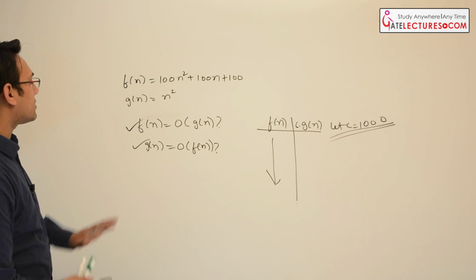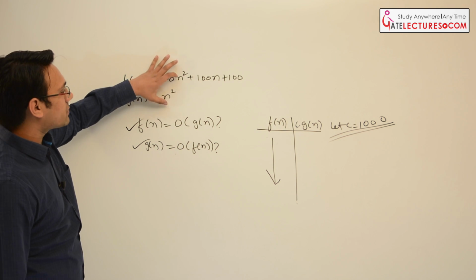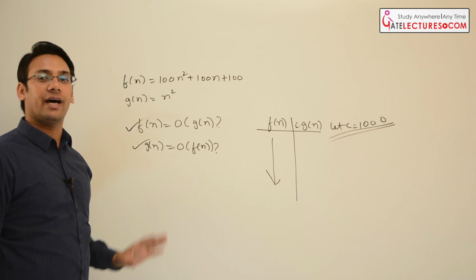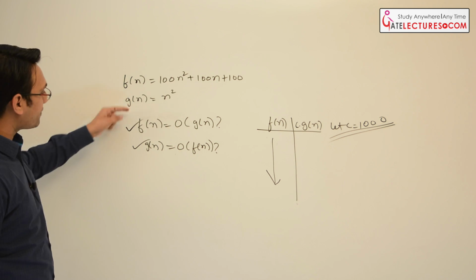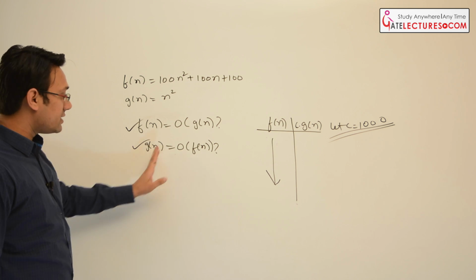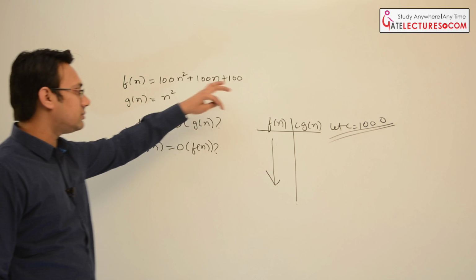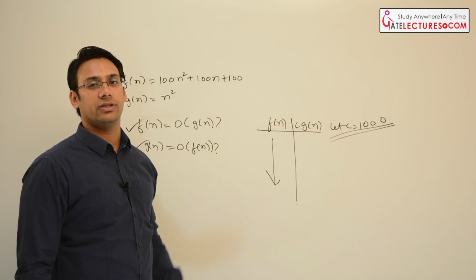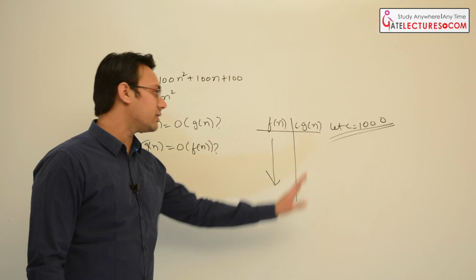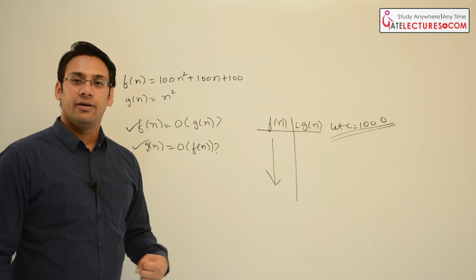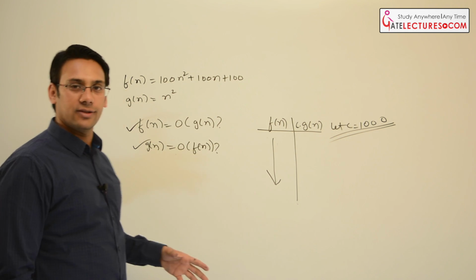Now in this case the highest power is the same in these two functions, therefore we can say that Fn is order of Gn. In the same way Gn is order of Fn, and you can make it just because of the value of the constant C. Okay, we'll discuss specific examples in more detail when we study the omega notations.